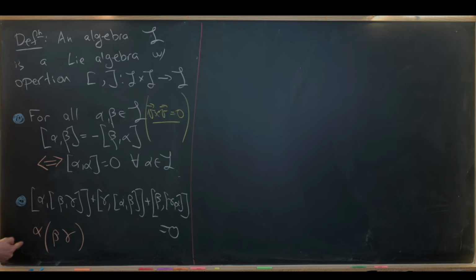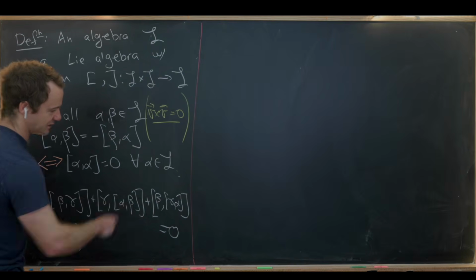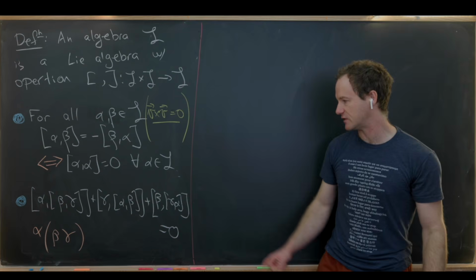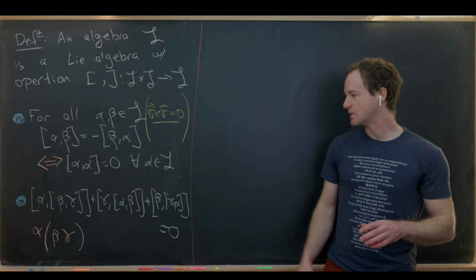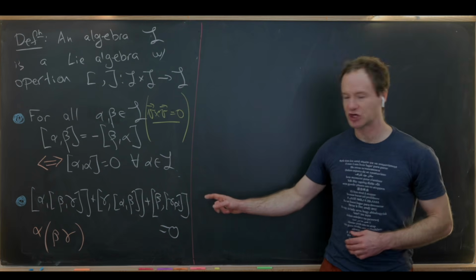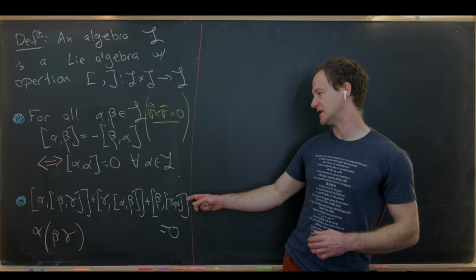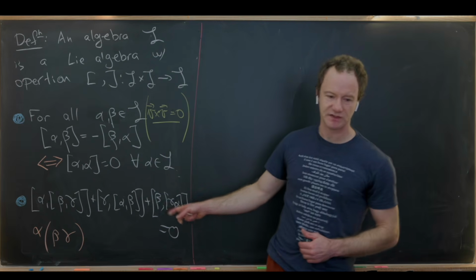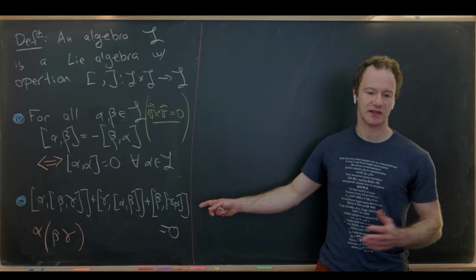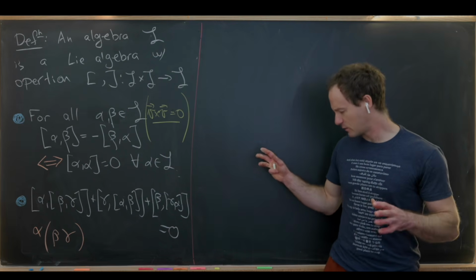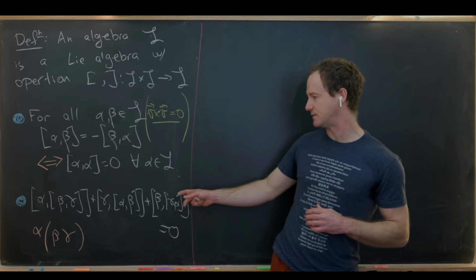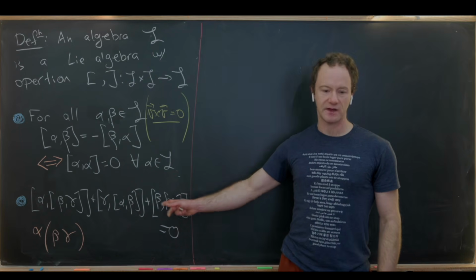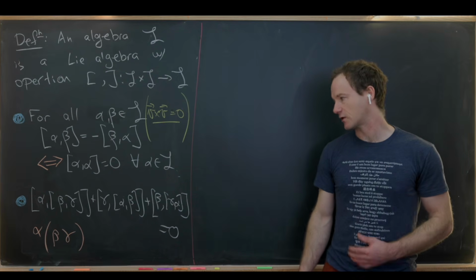We're doing the same thing as we move forward until we've hit all of these cyclic permutations of the entries here. Okay, so this is skew symmetry and the Jacobi identity. The Jacobi identity is important. There is a type of algebra that does not have skew symmetry but does have the Jacobi identity, and that's called a Leibniz algebra. Maybe we won't talk about this super carefully, but that's because if you write this carefully, it looks like the product rule from calculus.